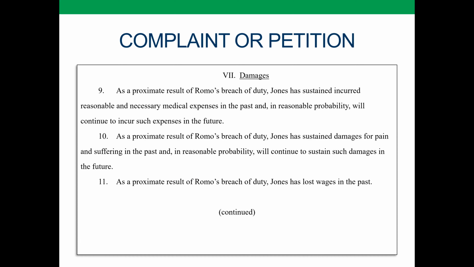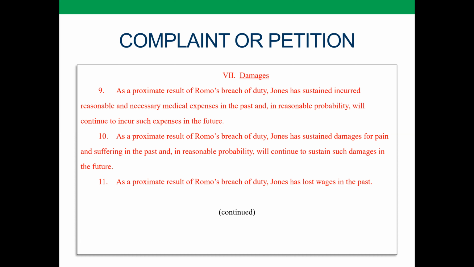Now here in Roman numeral 7, we have the description of the damages that Jones claims to have sustained as a result of the negligence of Romo. So she alleges she incurred medical expenses in the past and that in reasonable probability will incur them in the future.